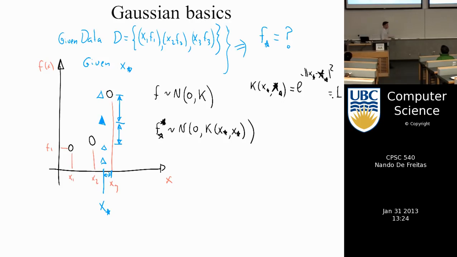Now f and f* by themselves are independent. I somehow want them to have the same property that all of you voted for. That is that they be correlated.